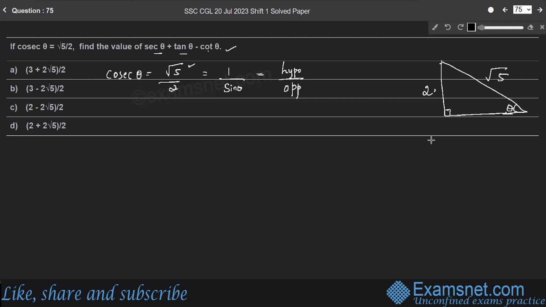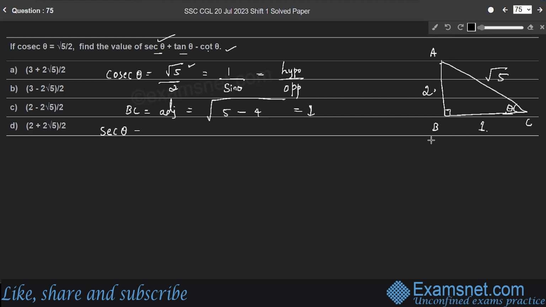Then what is the adjacent side? If you consider ABC as the triangle, BC becomes the adjacent side. Apply the Pythagoras theorem: root 5 square is 5 minus 4, which is 1. Root 1 is 1. The adjacent side is 1. Therefore, apply the trigonometric functions.